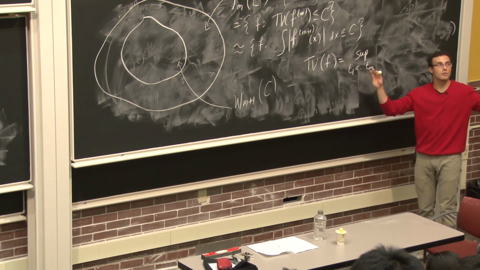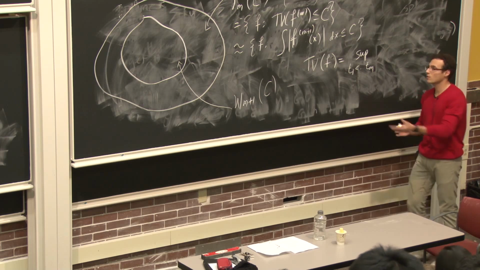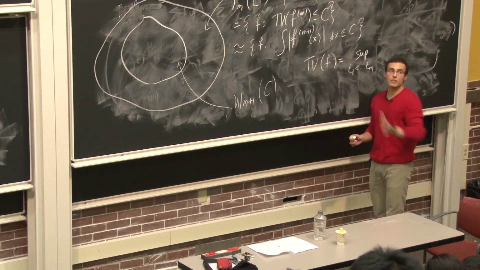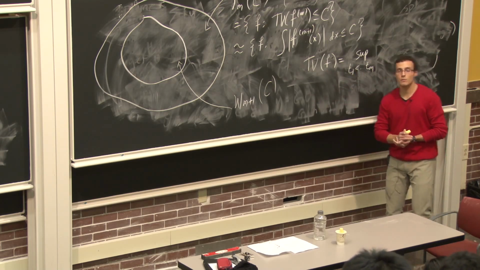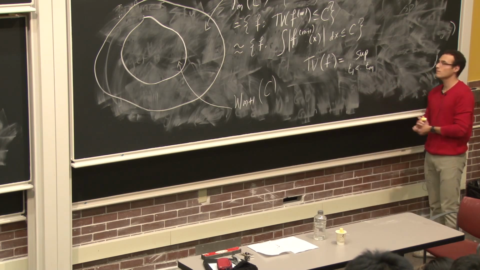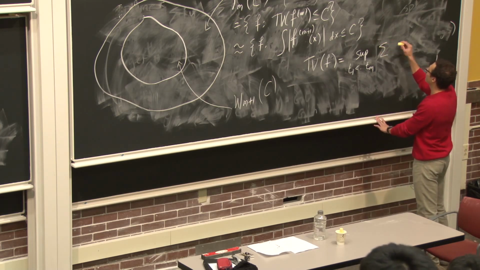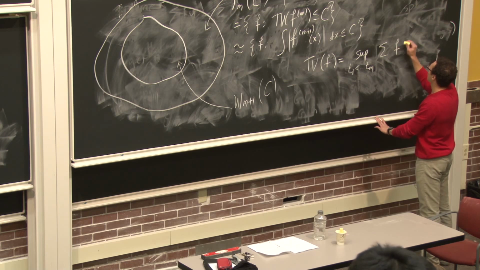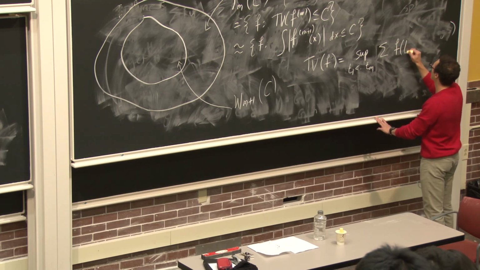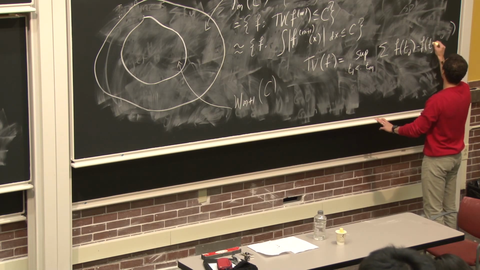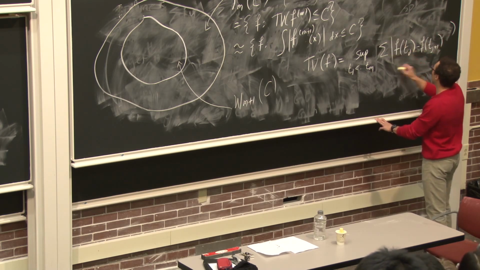Maybe this function lives on the domain 0, 1. So I take all possible partitions of 0, 1, and I look at the absolute increments of the function, and I add them up.